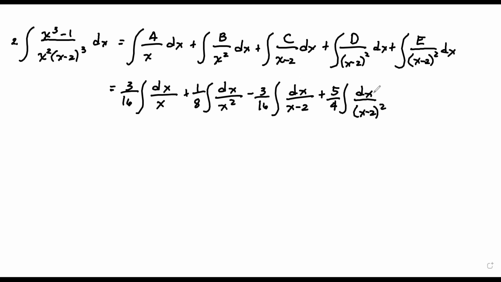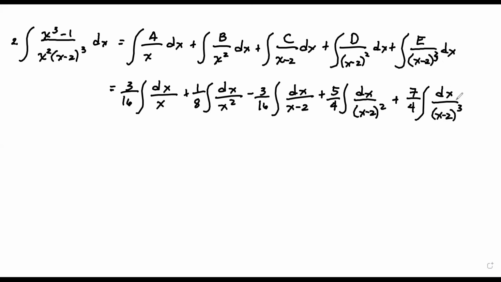And for e, 7 over 4, 7/4 dx over the cube of x minus 2.